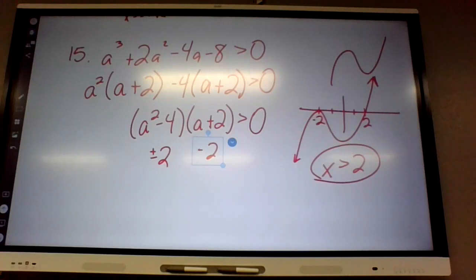There's your variable. And then just hit graph.